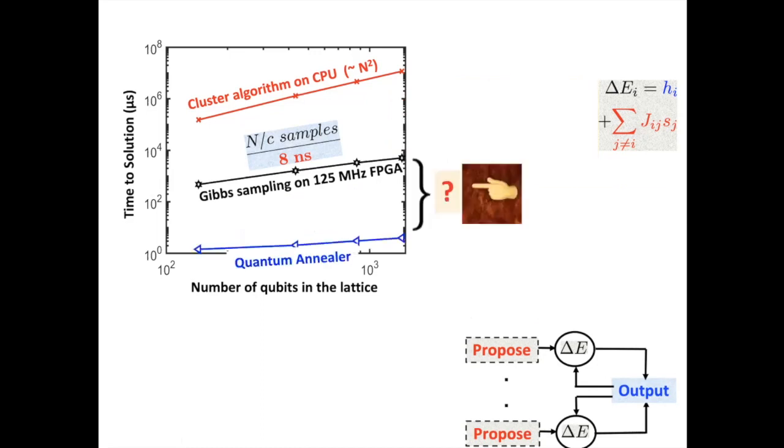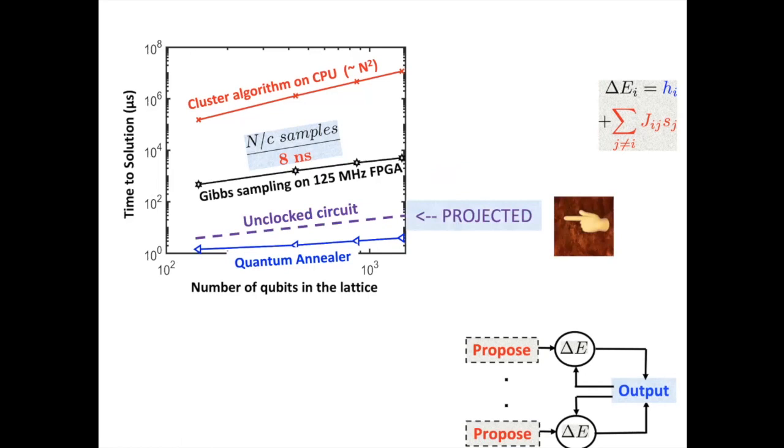Now the question is, we still have a big difference with the results for the quantum annealer that were quoted in this paper. And we're trying to understand where that could be coming from. This is where what we project is that if, instead of this clocked digital circuit, you had actually implemented this with an unclocked circuit, you could get another factor of 100 or 1,000.